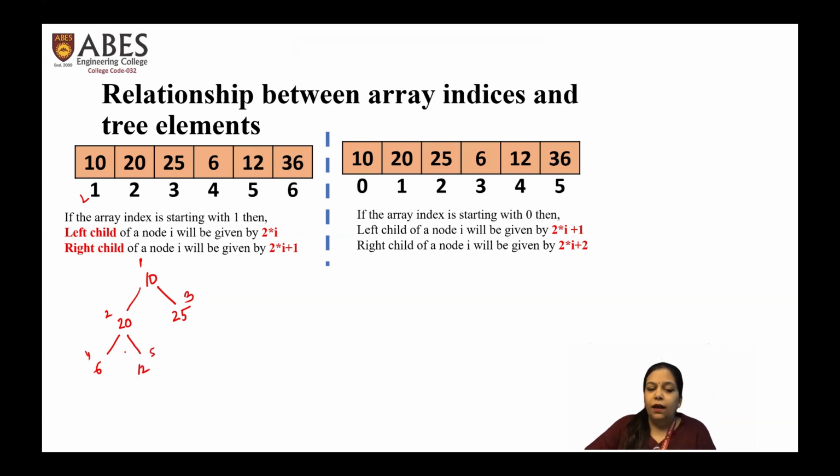So in this way, the element stored in the array can be represented as a tree. But when we are going to implement this algorithm and the indexes will start from 0, at that point of time, for any node I, the left child will be represented by 2 into I plus 1. Right child will be represented by 2 into I plus 2.